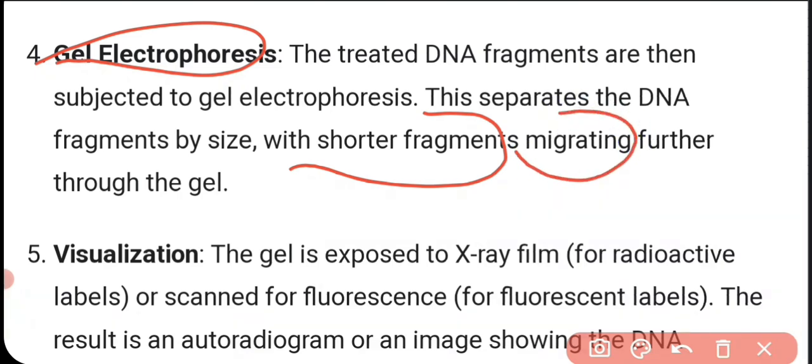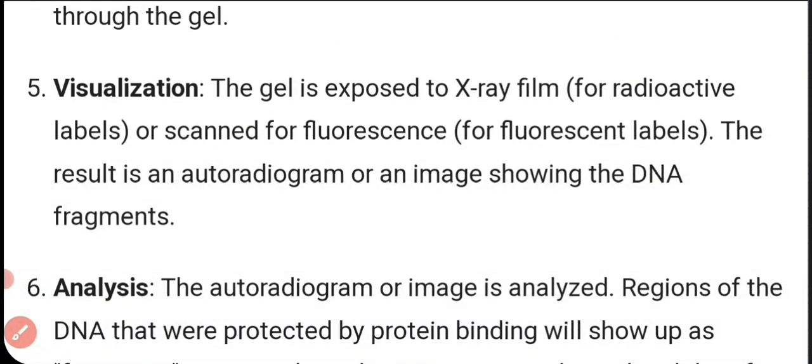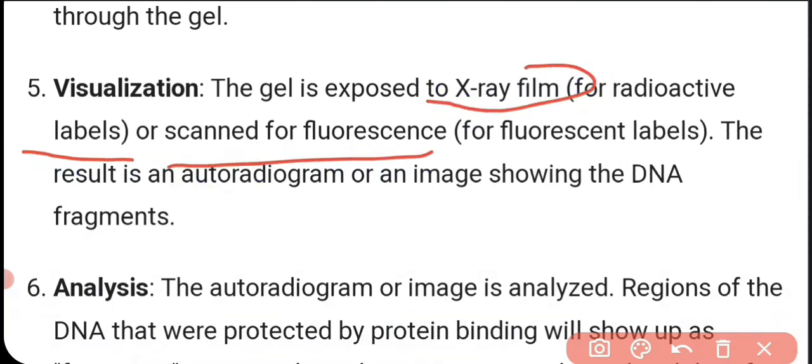Gel electrophoresis is the separation of DNA molecules based upon size, so the small DNA molecules will move faster. Then visualization happens with the help of X-ray films or radioactive labels scanned, or for fluorescence.